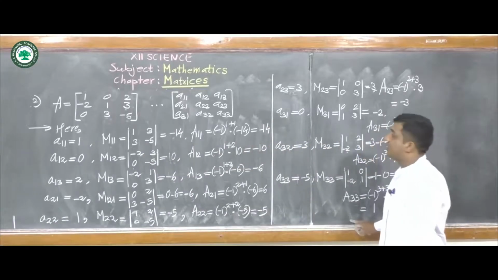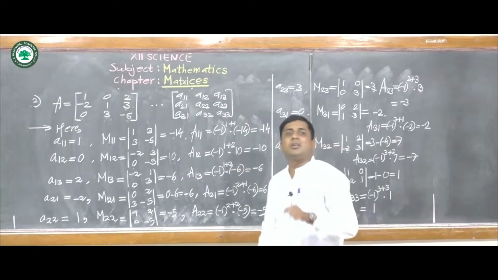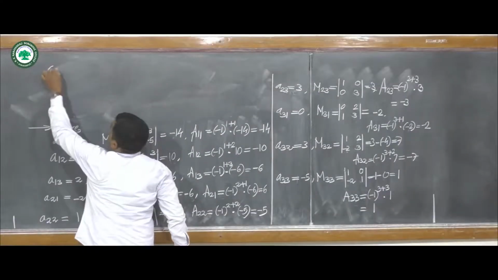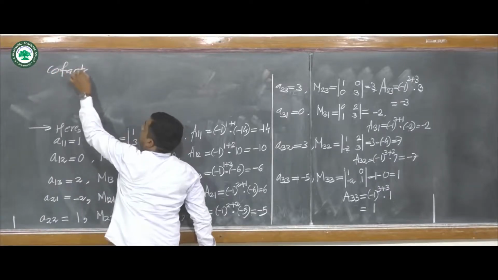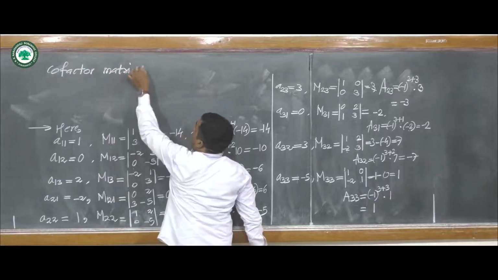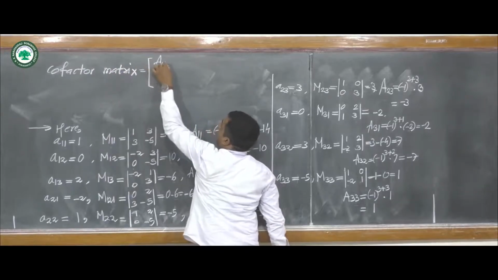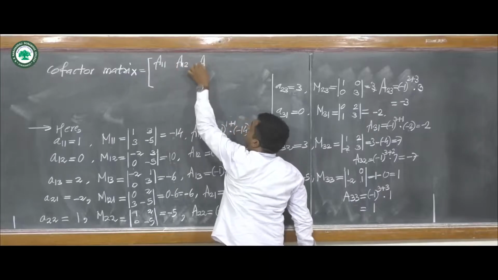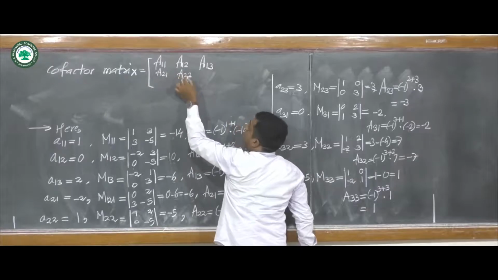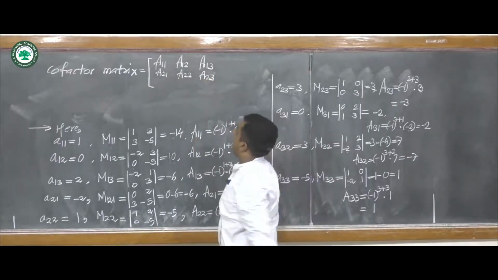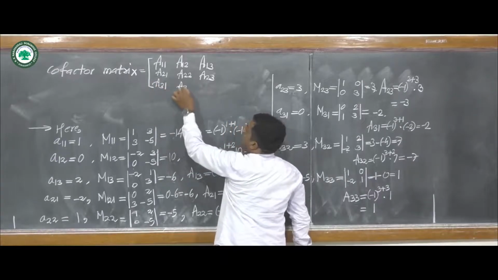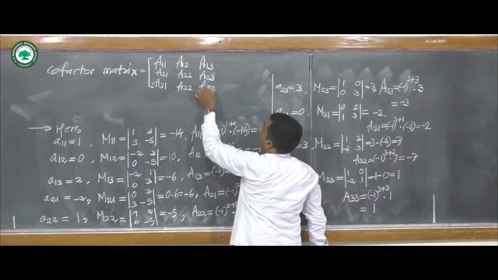So we have found the cofactor of each element. Now we define the cofactor matrix. The cofactor matrix has elements A11, A12, A13, then A21, A22, A23, and in the last row A31, A32, A33.